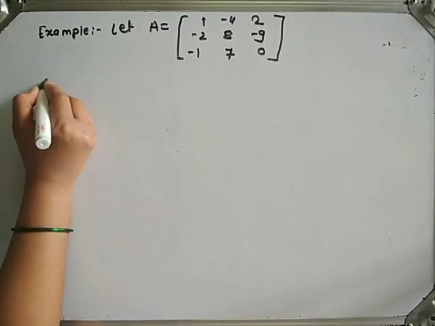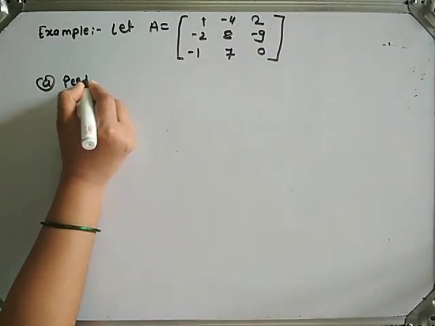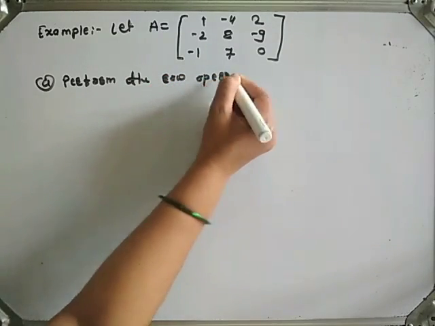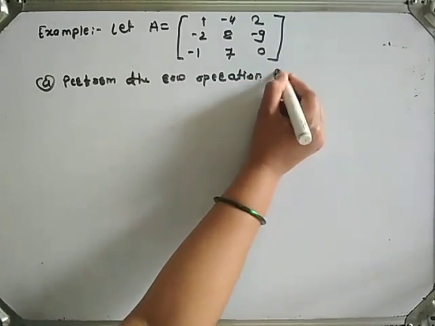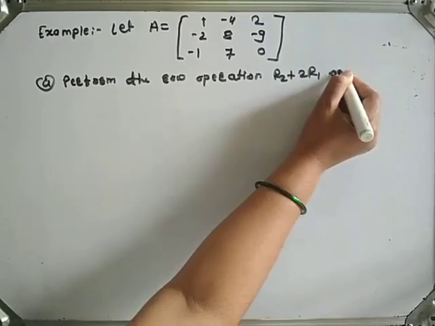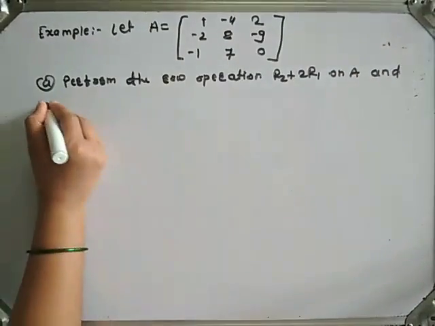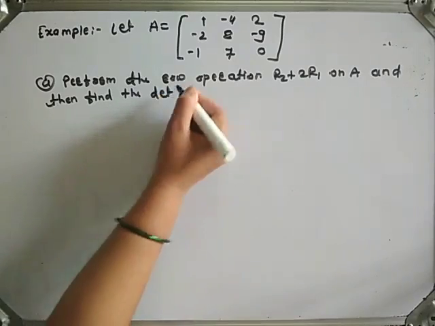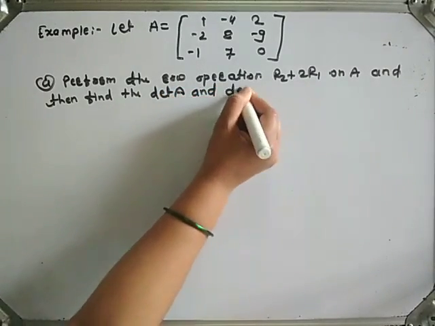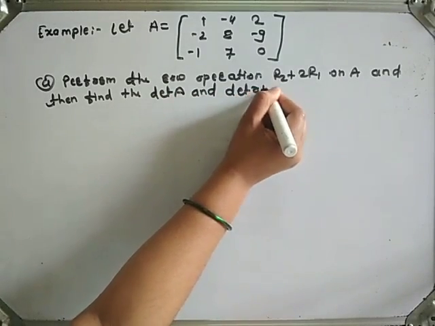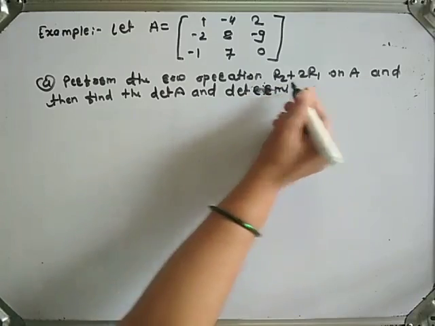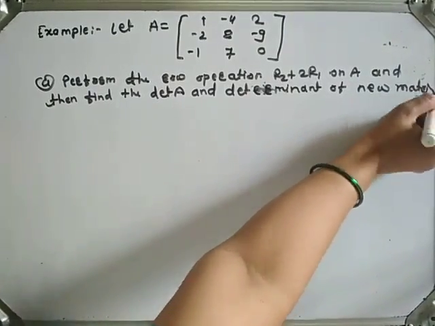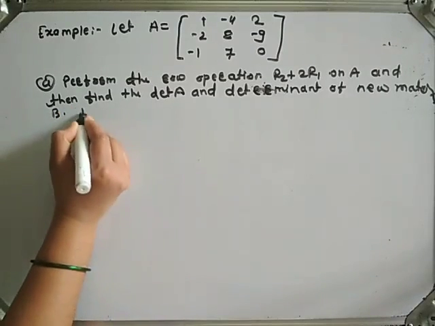Part A: perform the row operation R2 plus 2 R1 on A, and then find the determinant of A and determinant of the new matrix B.